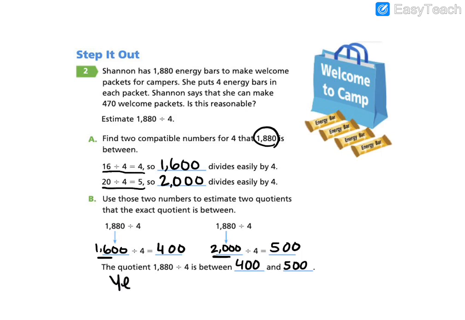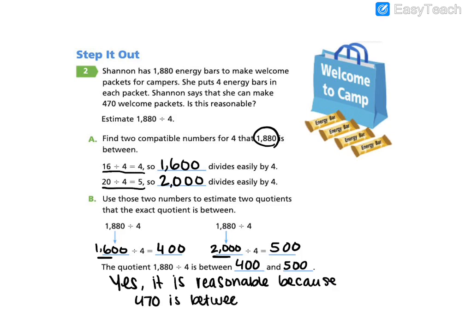So, yes, it is reasonable because 470 is between our 2 estimates. Right? So we know that her answer is going to be reasonable because we found these 2 estimates that her answer is right between.